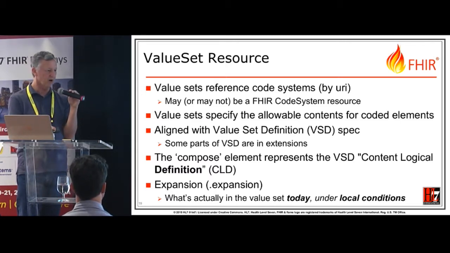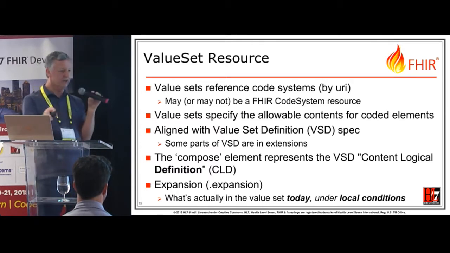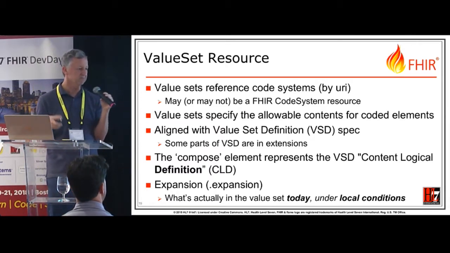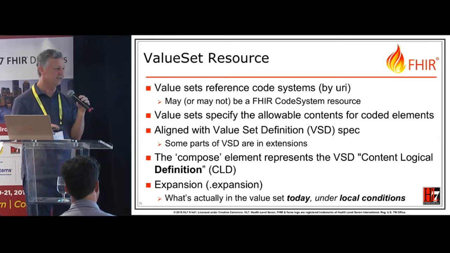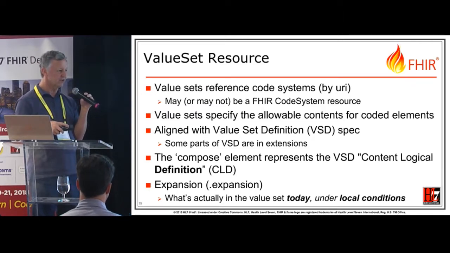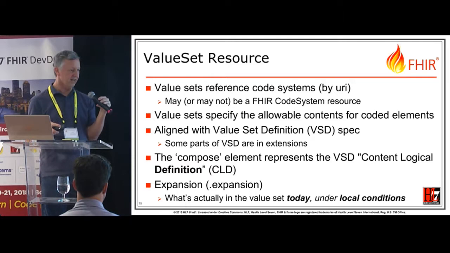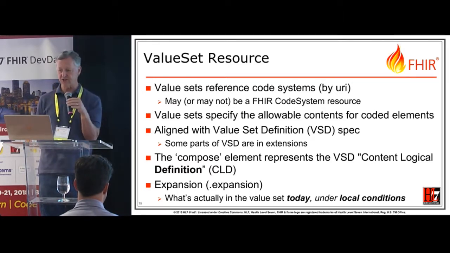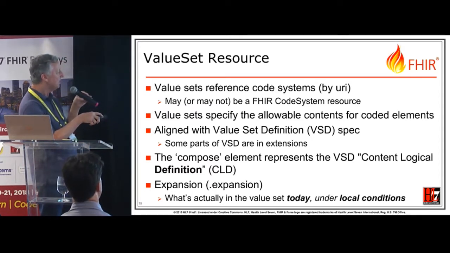It doesn't have to be a URL. We recommend it, but it doesn't have to be. But you have to have a canonical way to identify the code system, and then you can reference it. But it's best, I think, in the FHIR world to have either the publisher of the code system generate a code system resource that describes it, or if they don't do that, which some of them don't, then FHIR can create a code system resource that says, this is how we describe how that code system works. So you'll see some of that.